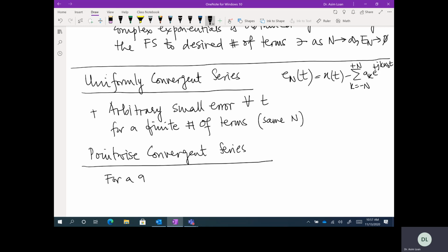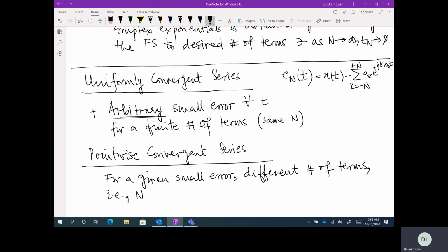For a given small error, so a small error is permissible, a different number of terms, that is a different n, guarantees convergence at different t's.